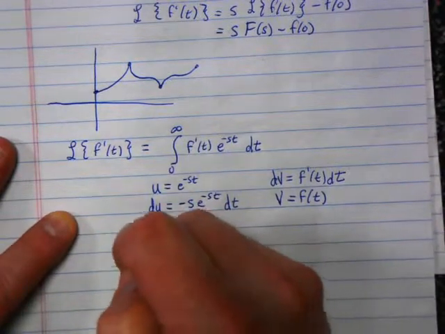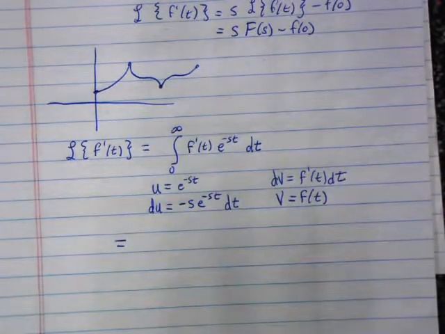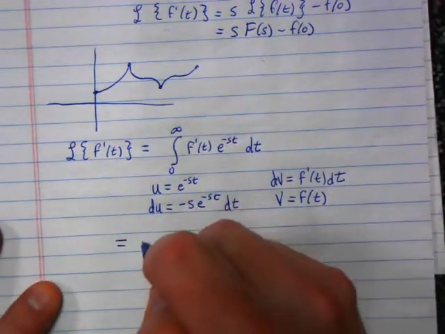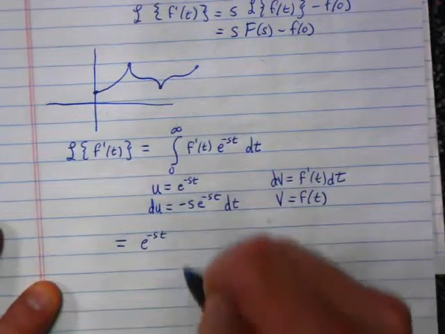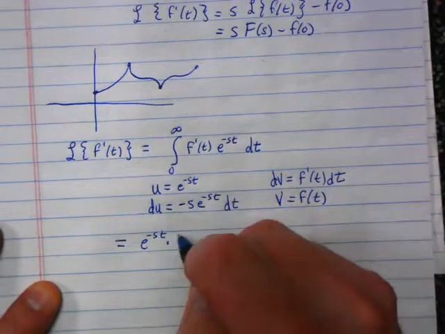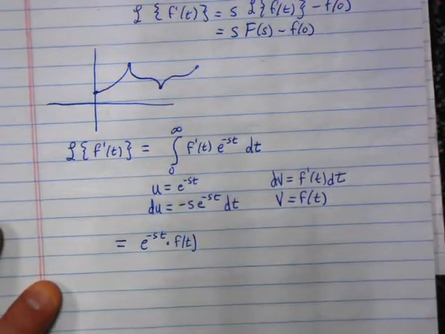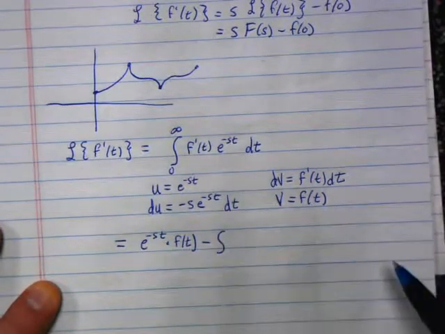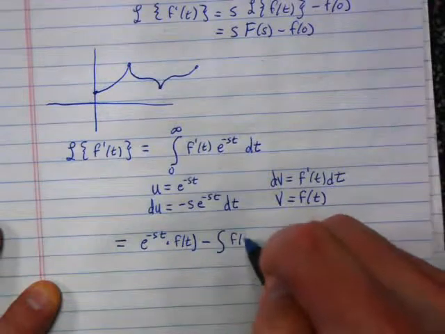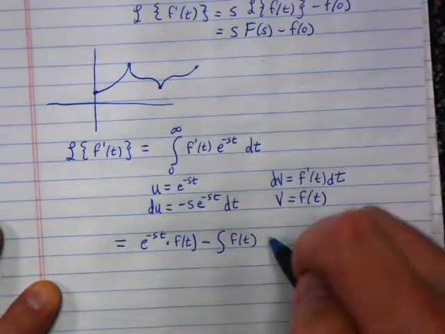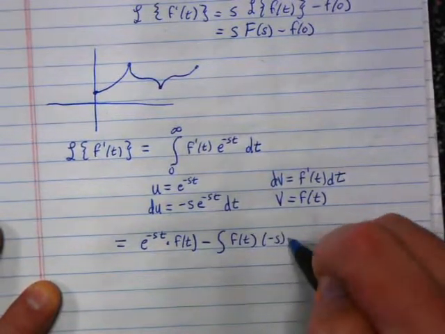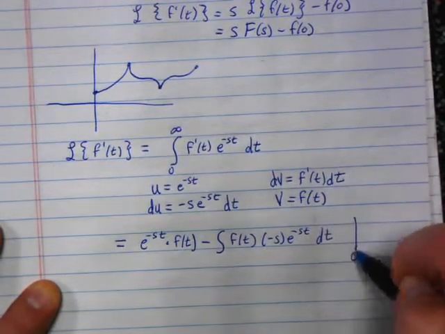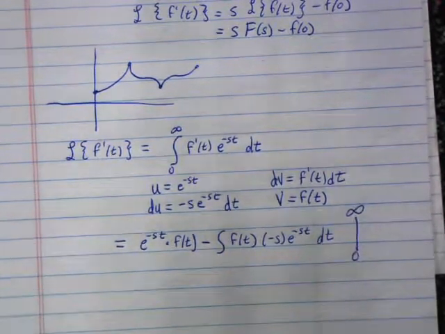So integration by parts tells me I have u times v, that's e to the negative st times f of t, minus the integral of v, which is f of t, times du, negative s e to the negative st dt. Then I have to evaluate this from 0 to infinity.